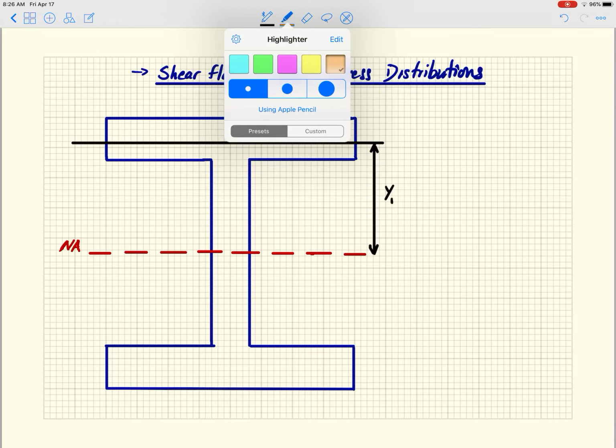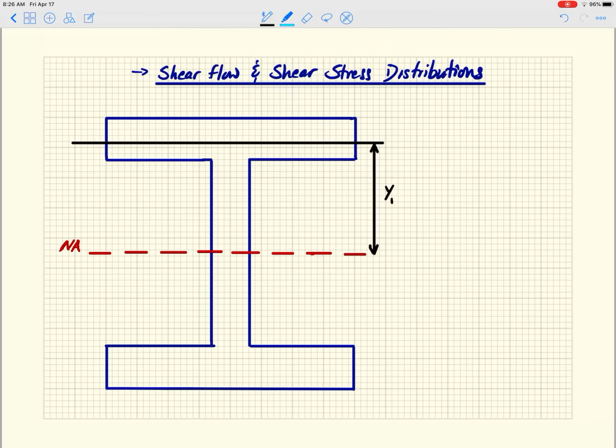And then the Q associated with this is going to be this area here. So I'm going to shade this or highlight this in blue. That would be that area times d. And that d, just so we're being clear here, is actually this d here.